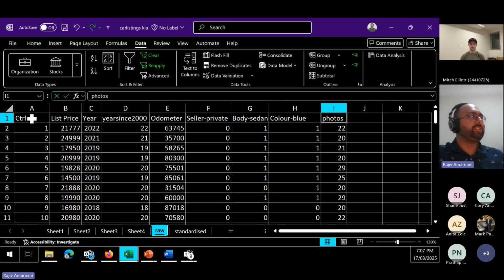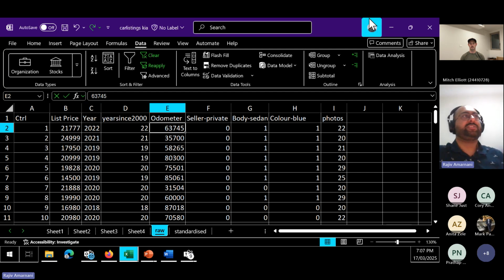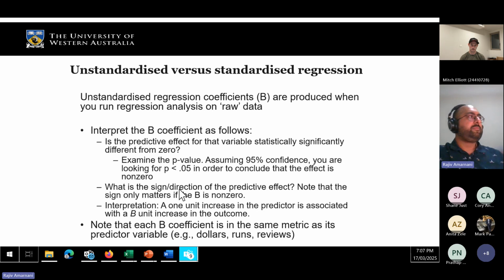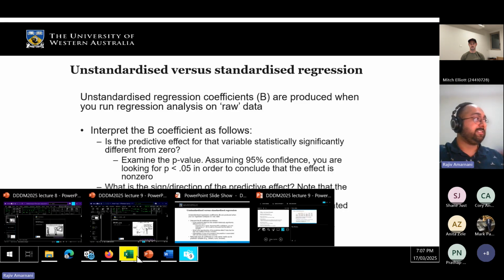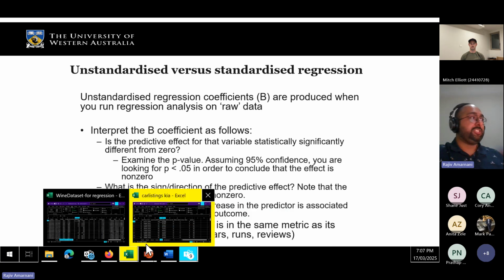So it's just the variables in the original metric: list price in dollars, years in units of years, odometer in kilometers, dummy variables. And we interpret this the way we would for everything we've done so far. Is the B coefficient statistically significantly different from zero? Look at the p-value, look at the sign, which only matters if it's statistically significant. And then we interpret this as a 1 unit increase in the predictor is a B unit change in the outcome.